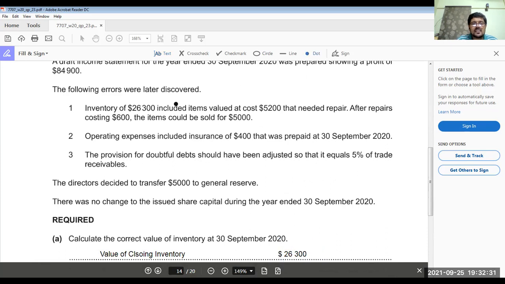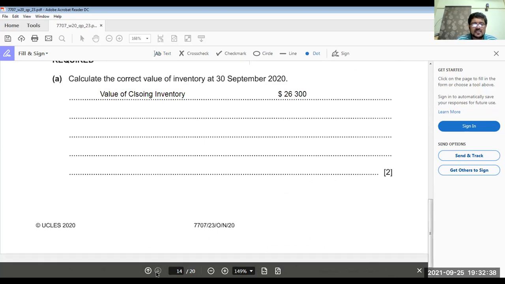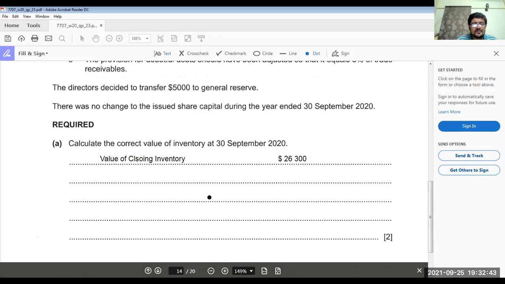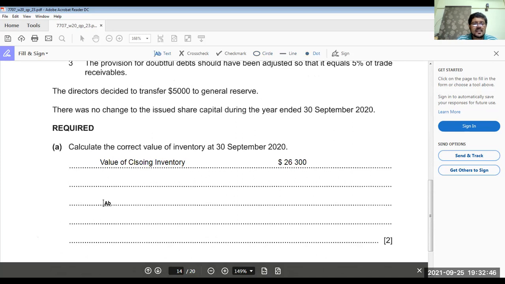What is the word? Included. So it means first we have to deduct the cost 5,200 because it's the damaged goods. So less cost of damaged goods. Cost of damaged goods is how much? 5,200. So we have to deduct. I'm keeping it in bracket.